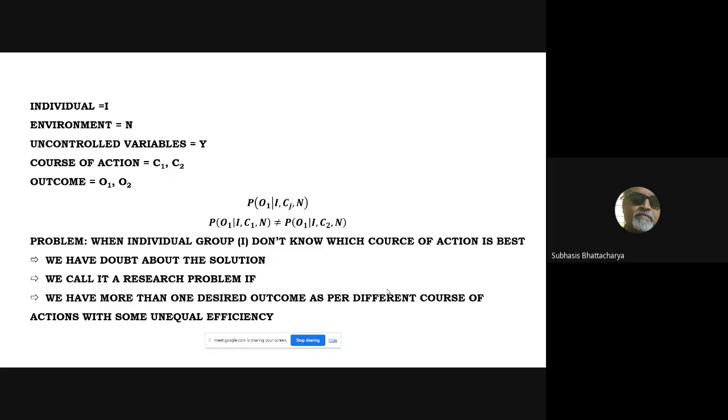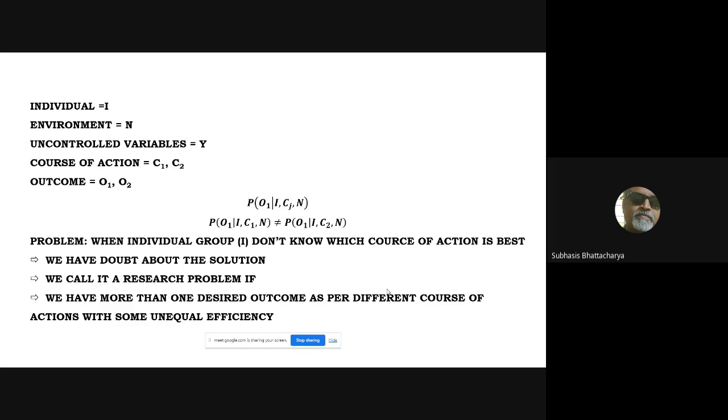When we are dealing with the first course of action, C1, the probability is given as the probability of O1 given I, C1 and N. And this is not equal to the probability of the same outcome O1 when the course of action is different. This is the basic thing. In simple words, we can say that the choices must have unequal efficiencies for desired outcomes.